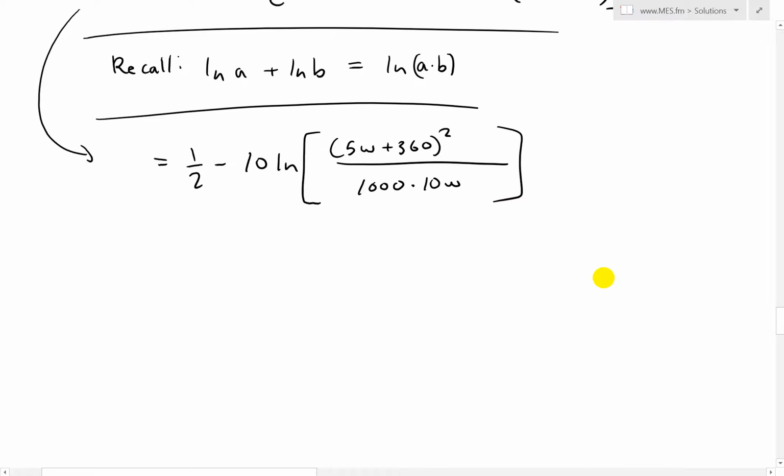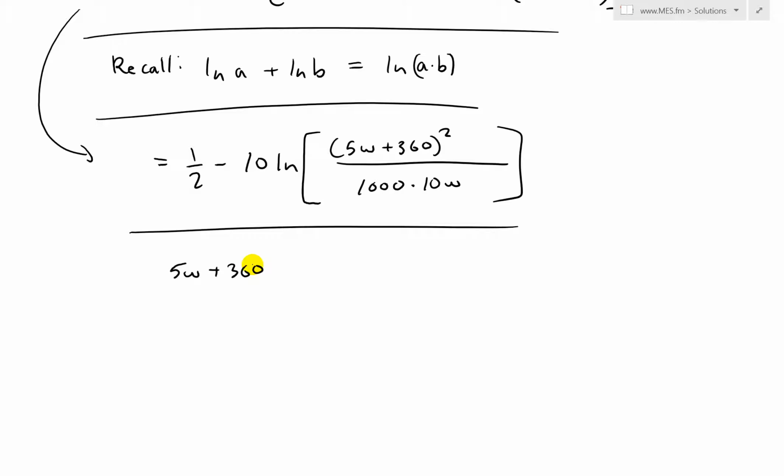And now before I get further, I just want to simplify the top, because we could factor out this 5W. So we have 5W plus 360 squared, and then this equals 1,000 times 10W. And this one here we could simplify further.